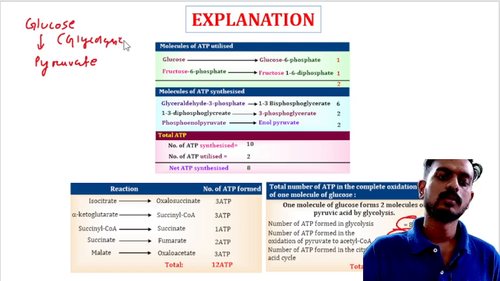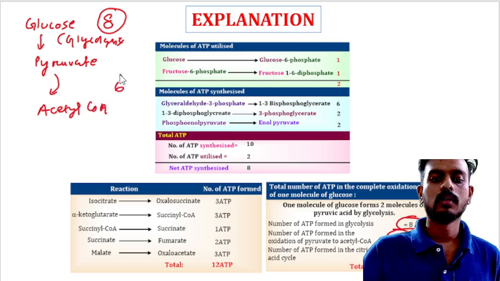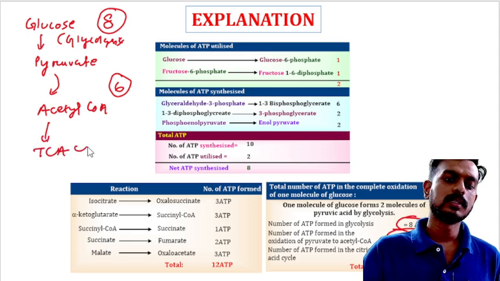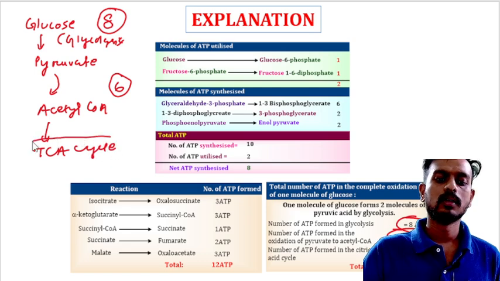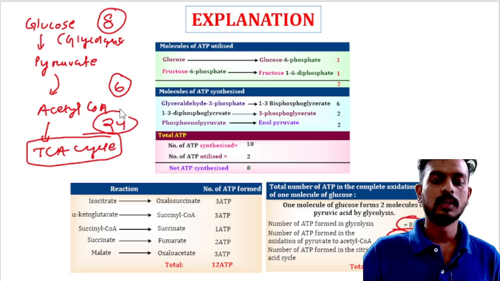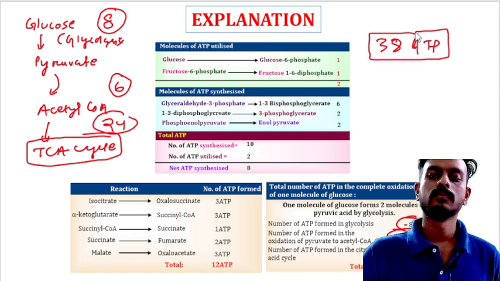Here 8 ATP will be produced. Now this pyruvate is converted to acetyl coenzyme A. Here 6 ATP are produced. Now this acetyl coenzyme A undergoes the TCA cycle. So how many ATP will be produced? Total 24. If we add 24 plus 6 plus 8, it is equal to total 38 ATP.